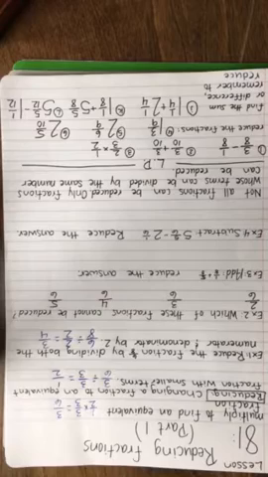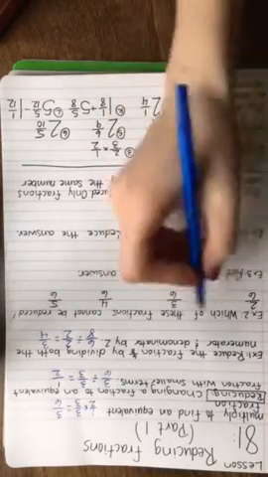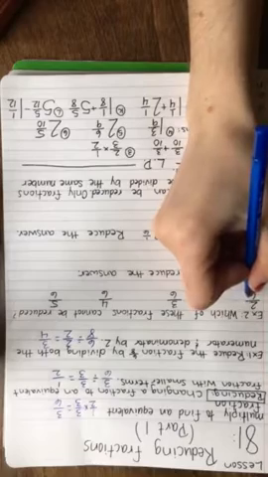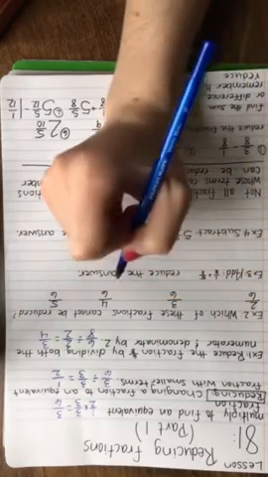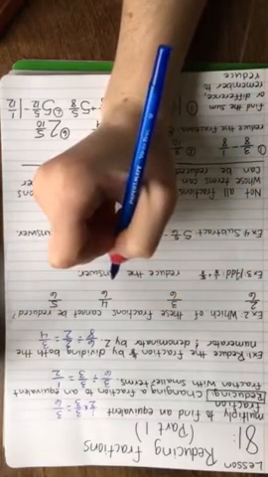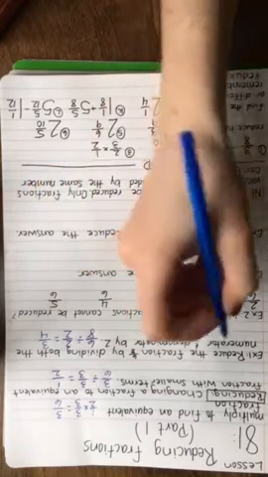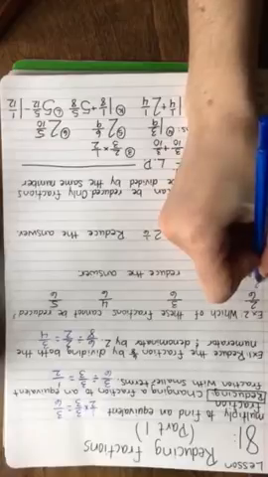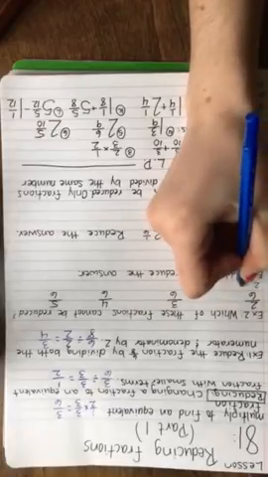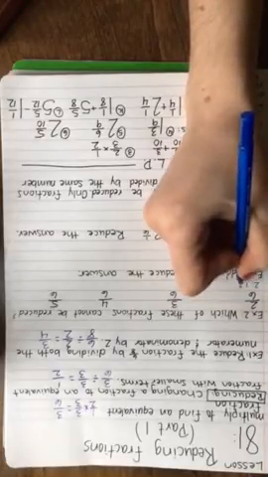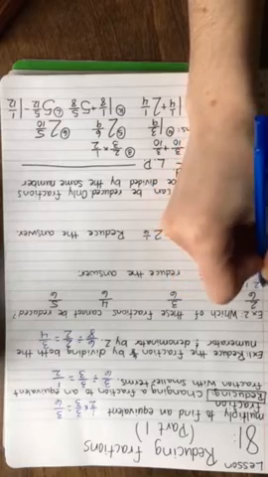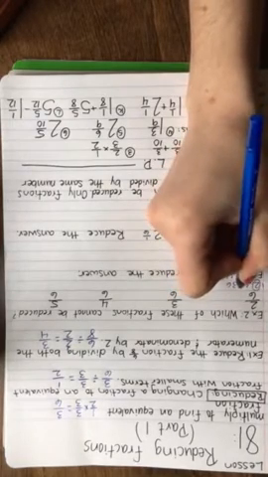Example 2. Which of these fractions cannot be reduced? Well, let's see. Can anything go into both 2 and 6? Yes. The factors of 2 are 1 and 2, and the factors of 6 are 1, 2, 3, and 6. And 2 can go into both of them.